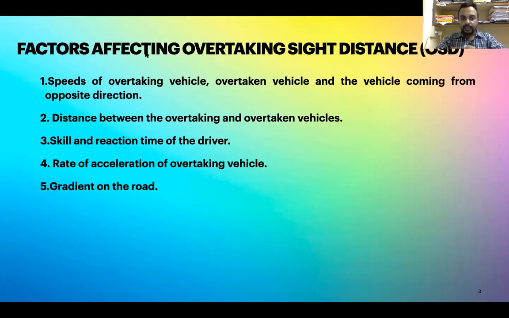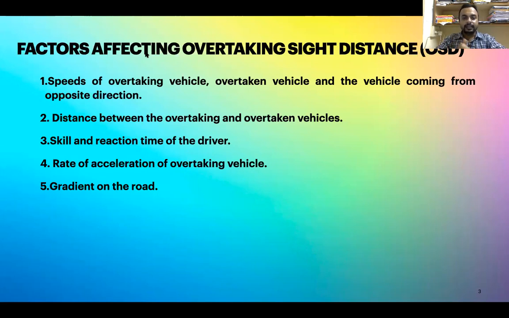So this overtaking procedure will also be affected by the reaction time of the driver. That is the time we have already discussed, which depends upon the PIEV theory. So the reaction time at which the driver will decide whether the overtaking procedure will take place or not, in that time also the vehicle will move a certain distance, and that distance is also counted in the OSD.